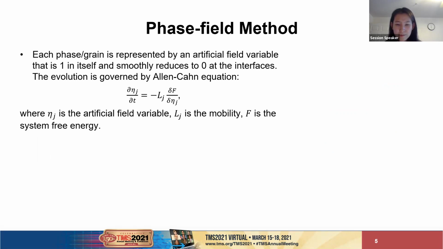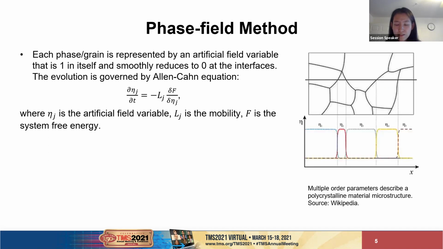So now I will briefly talk about the phase field approach, and it can be easily illustrated by these two figures on the right. Basically, in the phase field approach, you would assign one field variable to each grain or to each phase, and this field variable is called order parameter.